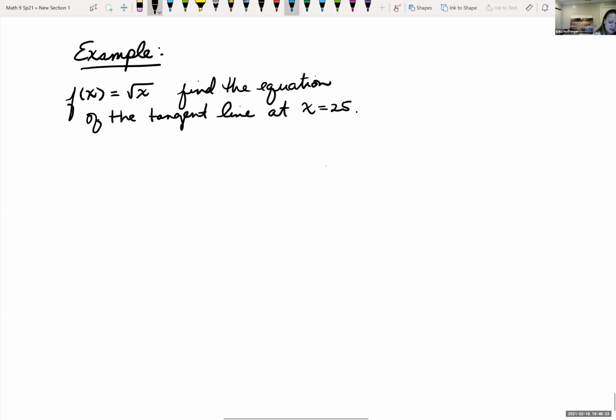Okay, so again, there are two things that we need for a line. We need a point. We're going to find that point at the x value that we're trying to find the equation of the tangent line at, so we want to look at what is f of 25.